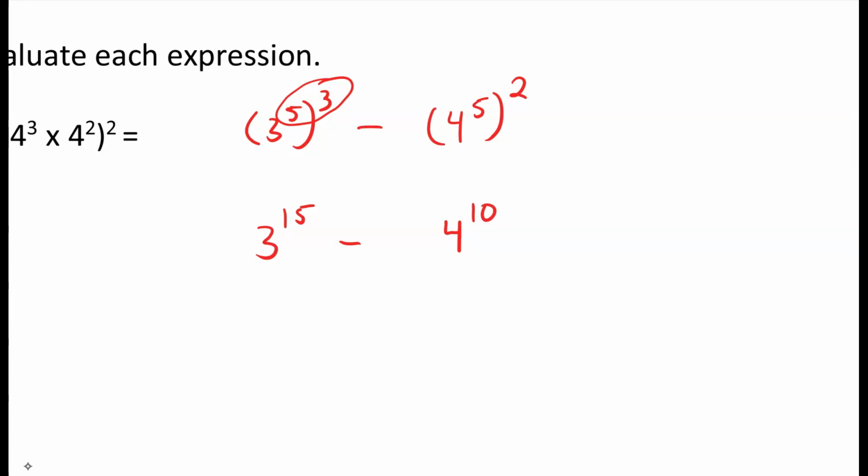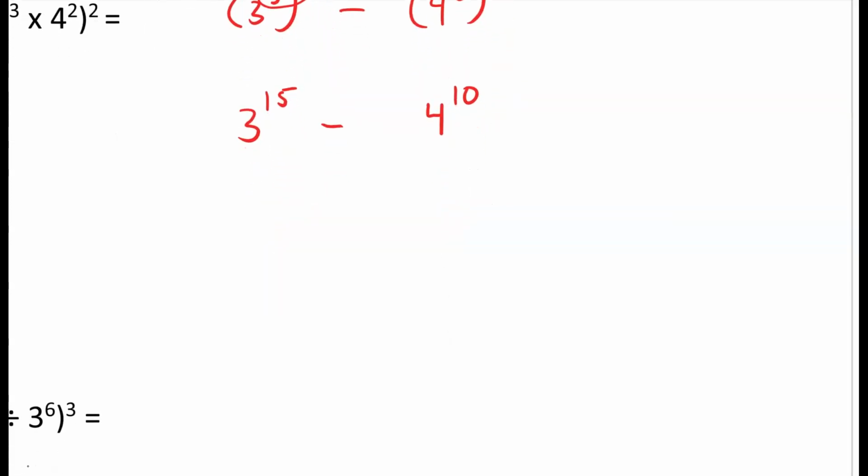Now we have to simplify this and evaluate. So we're taking 3 to the power of 15, and we have to figure out what that is. That will get us 14,348,907, subtract 4 to the power of 10, which will be 1,048,576.